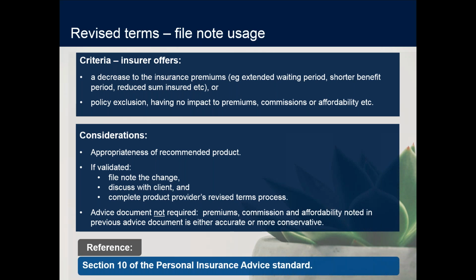We need to file note the change. We need to communicate it with the client, so we need to have that discussion with the client. And we need to complete any documentation or the process that the product provider requires in order to accept those revised terms.